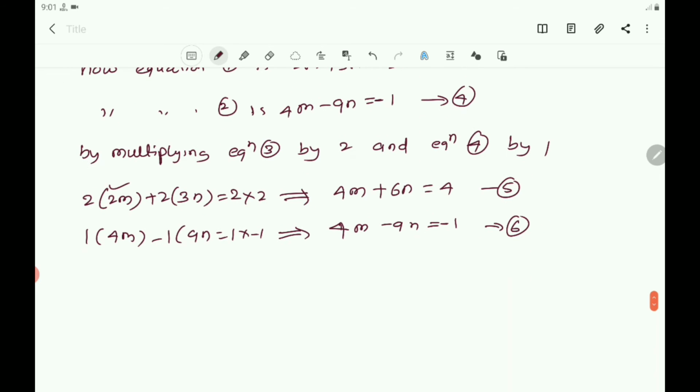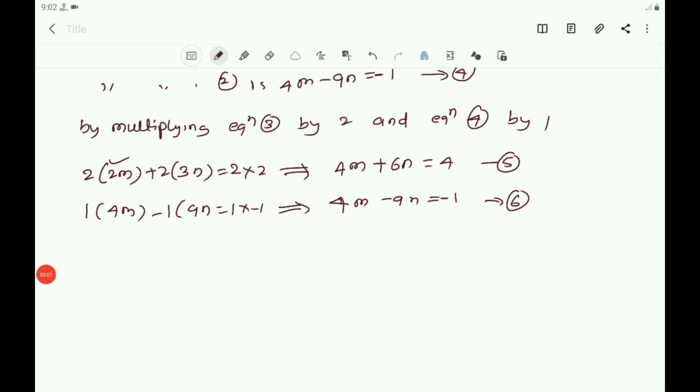Now here, to eliminate m, in both the equations m has the coefficient 4. So both of them have the same sign. Therefore we have to subtract one equation from the other. In both the equations 4m has the same sign, so you subtract one equation from the other, and 4 is greater than minus 1.